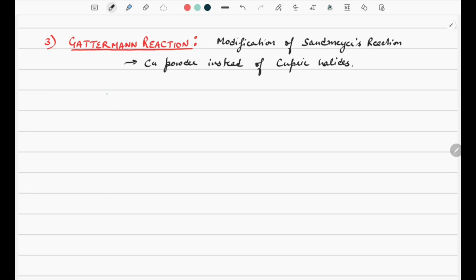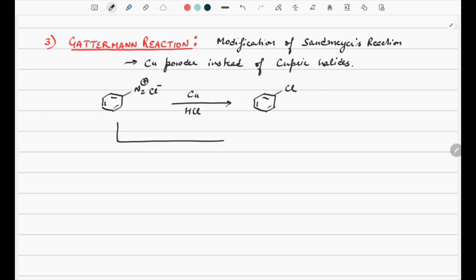The rest of the process remains the same, that is, benzene diazonium chloride is treated with copper, in powder form, in the presence of HCl, to give the desired chlorobenzene product. However, in Sandmeyer's reaction, we were using the cuprous halide, that is Cu2Cl2 in the presence of HCl, to reach the same product.